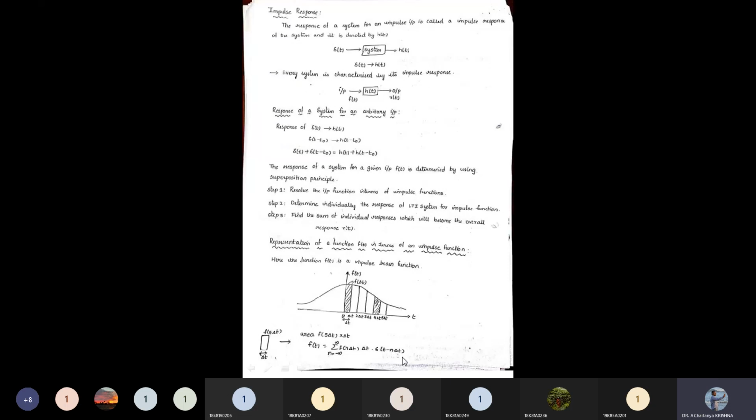If we take one time period, with only t, it would be delta of t minus n capital T, and the summation is the impulse train.